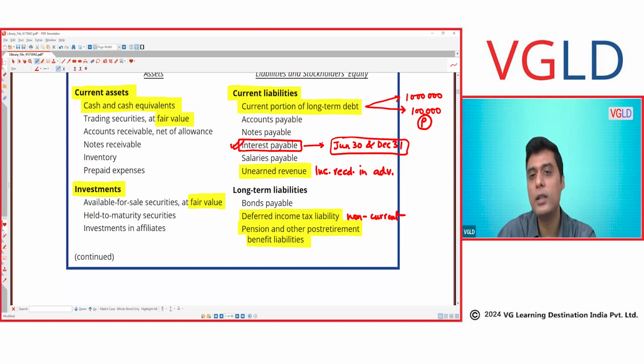So obviously it is current, because in the next 12 months it will fall due. And this is payable, which means it is already payable, it has already fallen due.